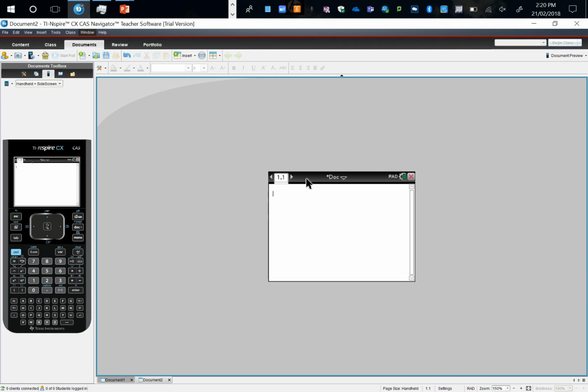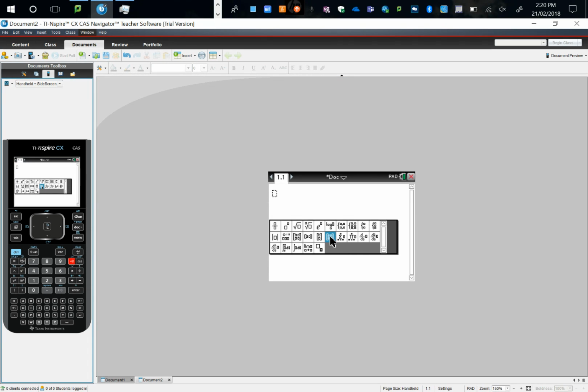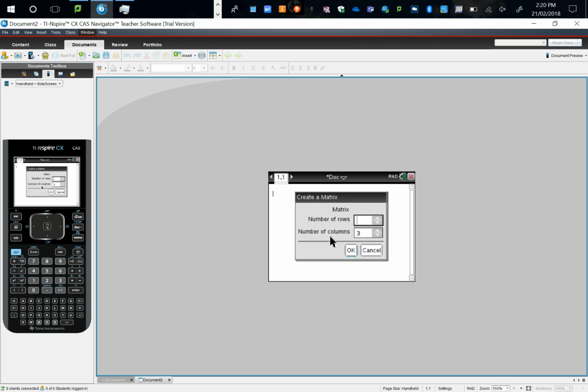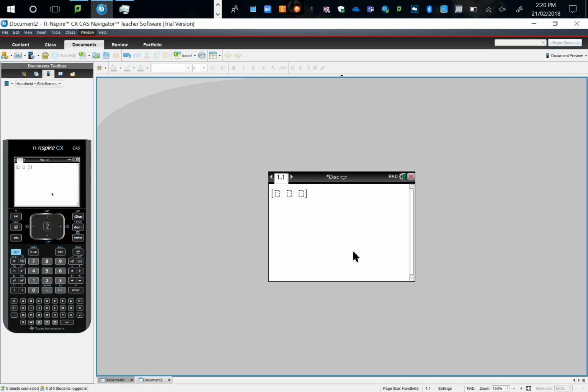Okay, add a calculator. And then we need to actually put in our matrices. So first one is 1 row by 3 columns. What numbers were they? 850 and 1,000. Now, if there's a lot of questions, instead of just writing it out, you could store it.